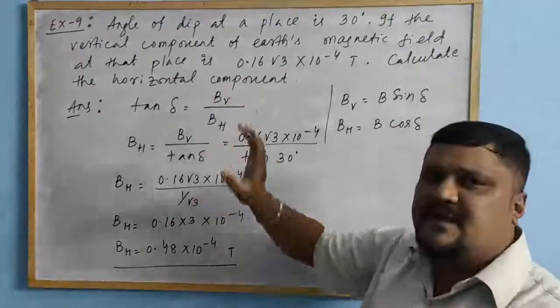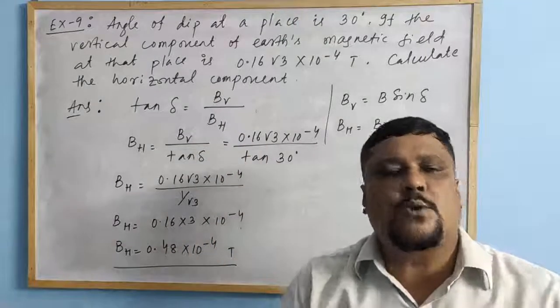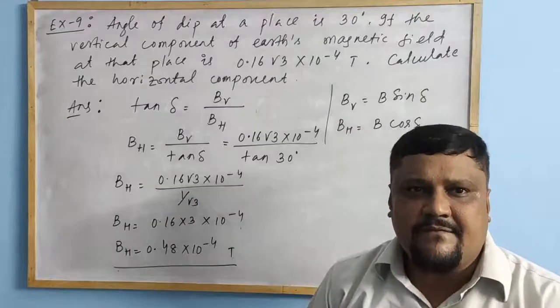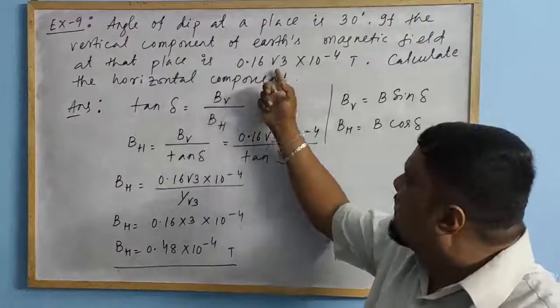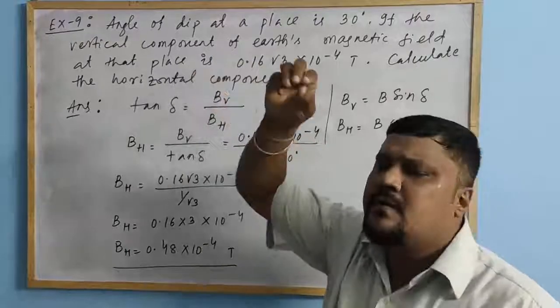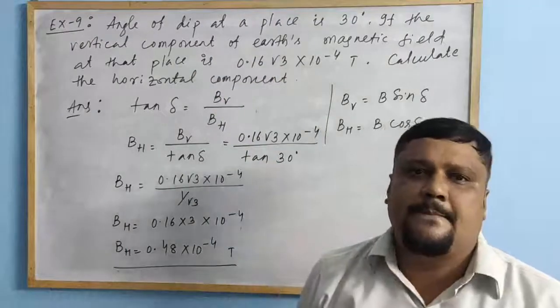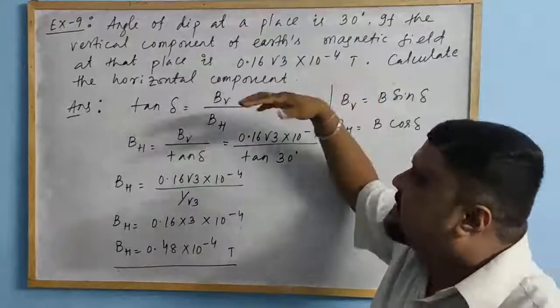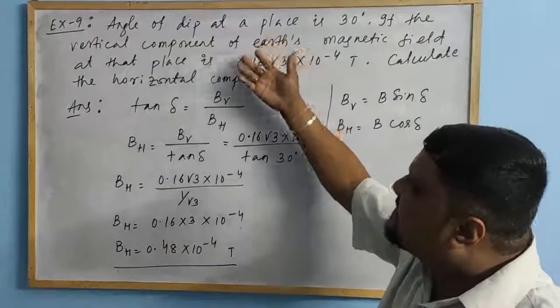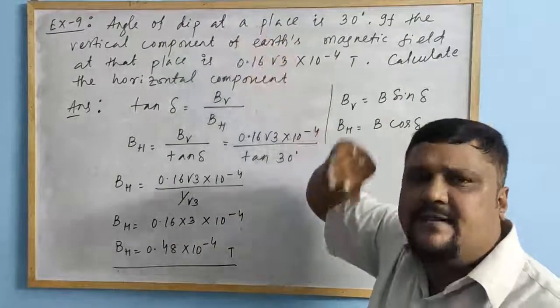Because these 9 examples are not sufficient to cover the total magnetism. We have connected one example for one formula. From this you can get more and more questions on the magnetic elements of Earth.